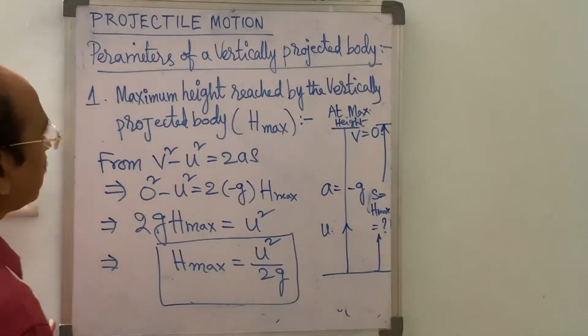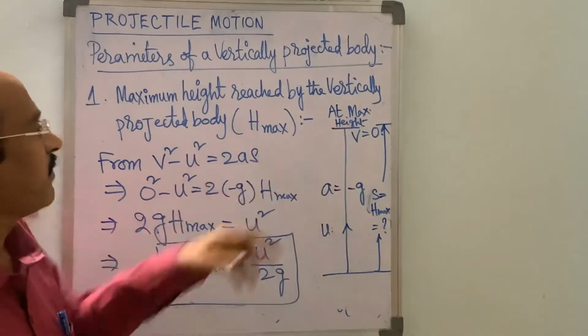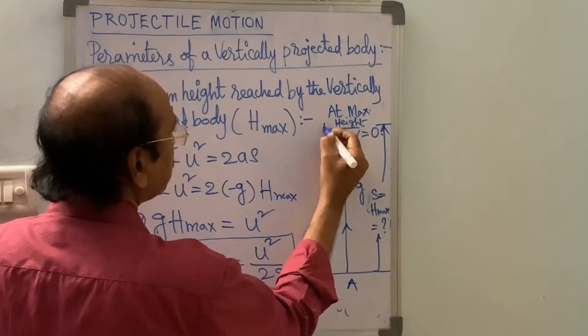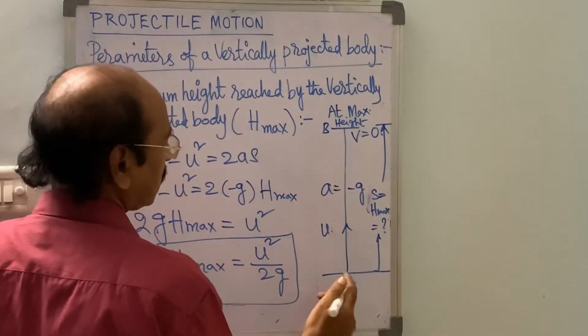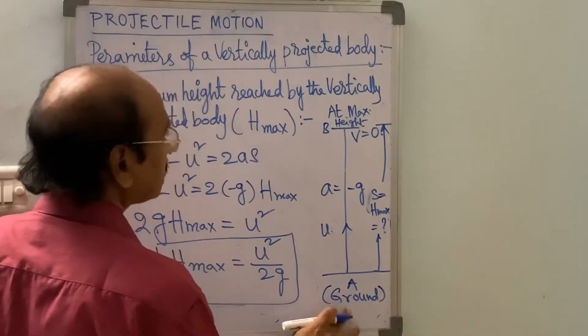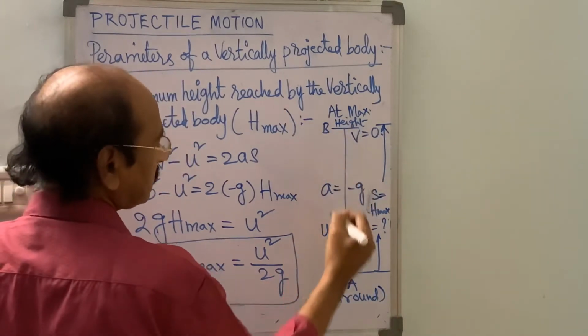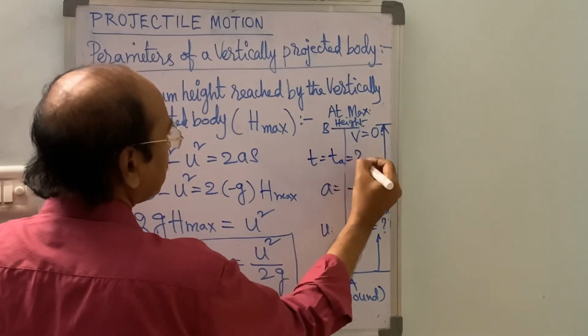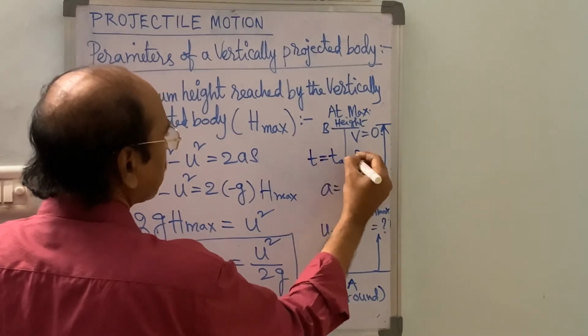Now let us calculate the time taken to reach the maximum height, that is from A to B, from ground to maximum height B. Now here t equal to time of ascent. Time taken to reach the maximum height is known as time of ascent.